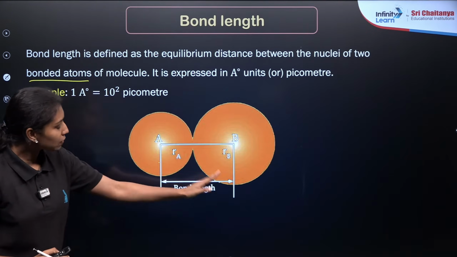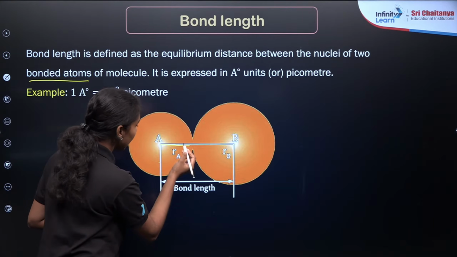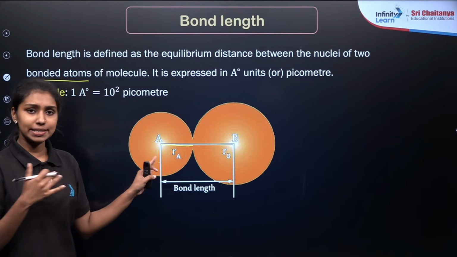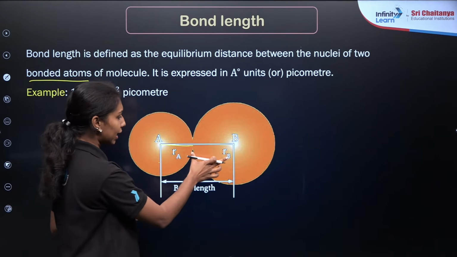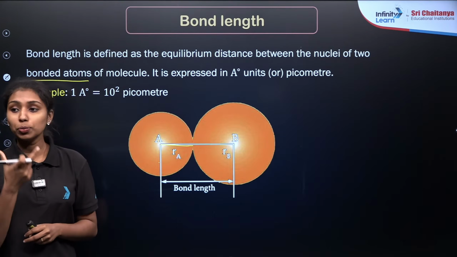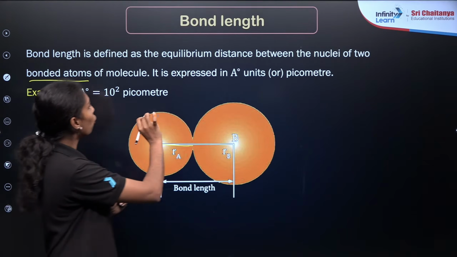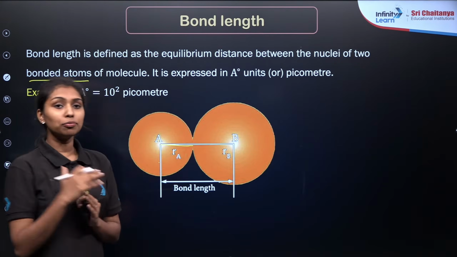Here the molecule is formed between two atoms A and B. RA stands for the radius of the first atom A and RB stands for the radius of the second atom B. This equilibrium distance between the nuclei of two bonded atoms in a molecule is known as the bond length. I hope you understand the exact meaning of bond length.